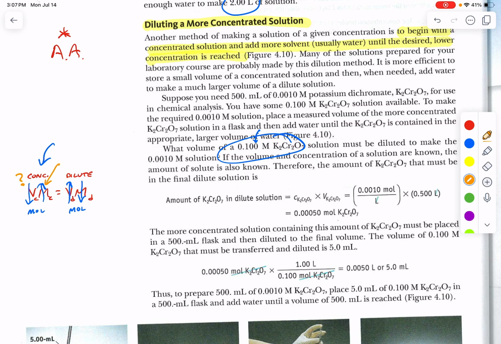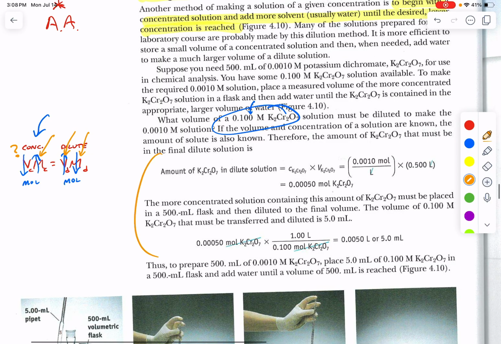But I go look at the instructions in the lab, or I go look at the research that I'm doing, and I say, I think I need such and such a volume of such and such a concentration of this solution. So I know 3 of my 4 variables, and I'm going to solve this equation for the volume of my concentrate.